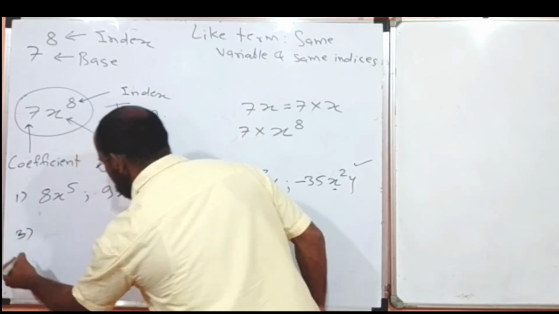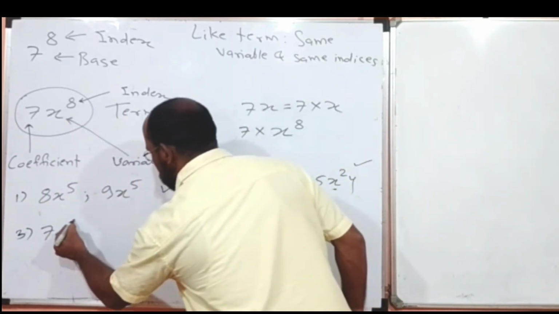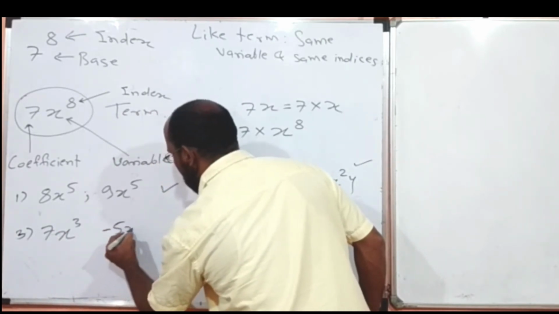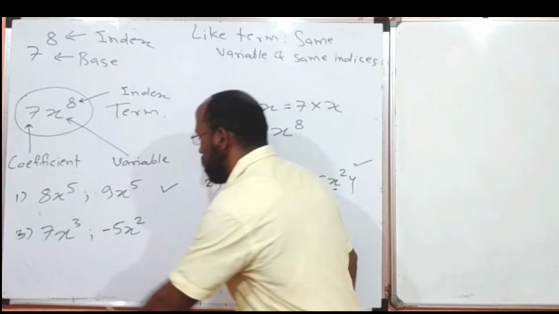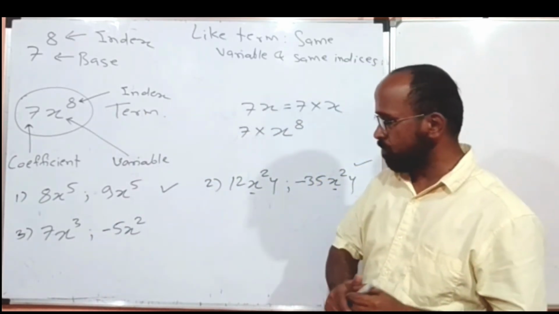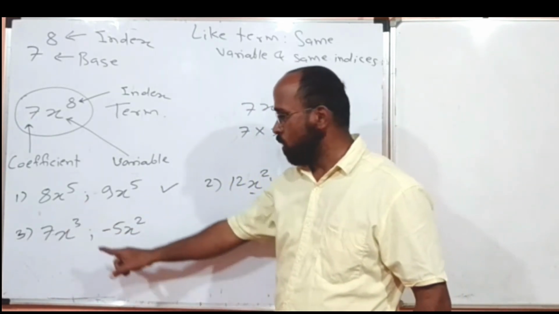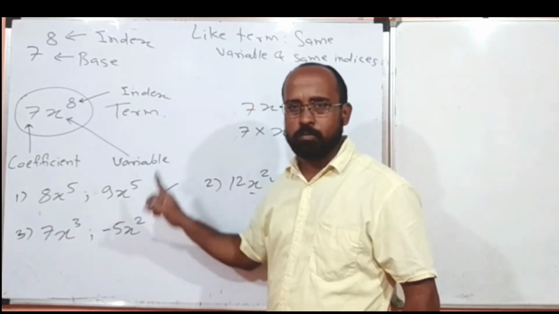Suppose 7x raised to 3 minus 5x square. In these two terms, what is the variable in the first term? x. What is the variable in the second term? x.